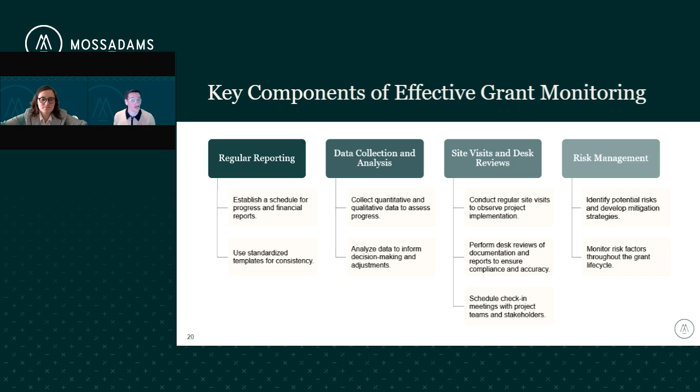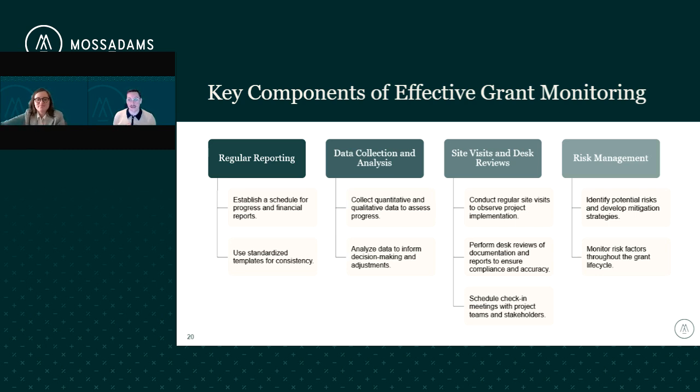Some of them may give way too much information, and that can be cumbersome to review for the agencies that are doing the monitoring of your project. So use a standardized template for consistency.